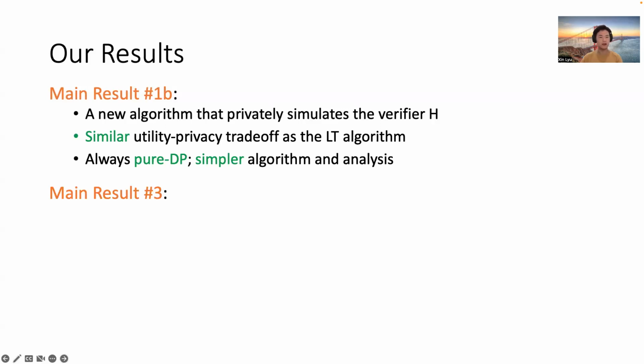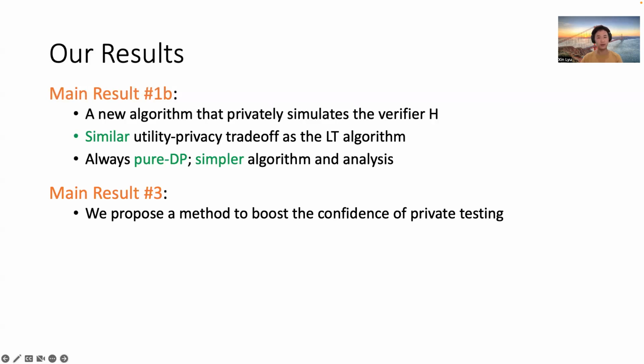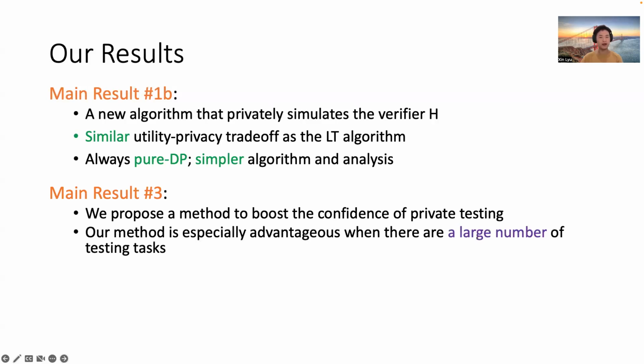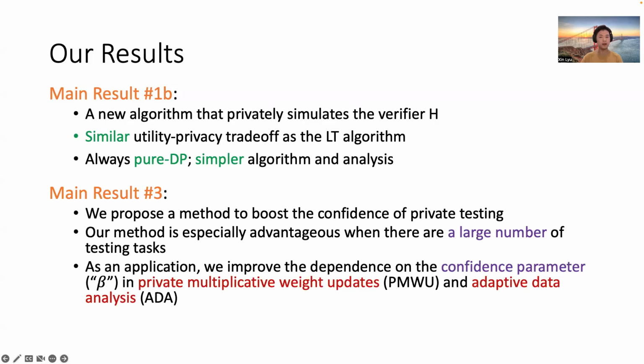In the third set of our results, which is the technically most interesting part of our contribution, we propose a method to boost the confidence of private testing. Our method is especially advantageous when there are a large number of learning tasks. As an application, we are able to improve the dependence on the confidence parameter in private multiplicative weights updates and adaptive data analysis.